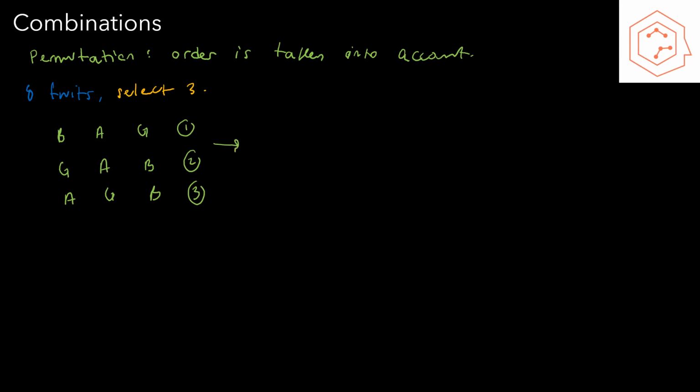And since we have 3 objects being arranged in 3 spots, we have 3 choices for the first spot, 2 choices for the second spot, 1 for the last spot, which is 3 factorial rearrangements of our single selection of 3 objects. So we have 6 of these rearrangements.